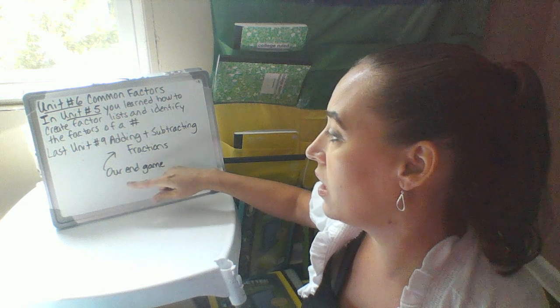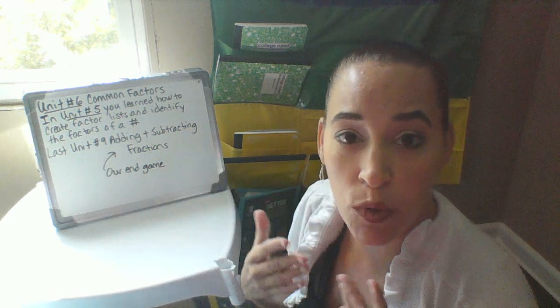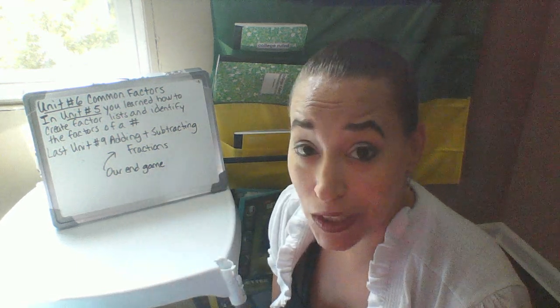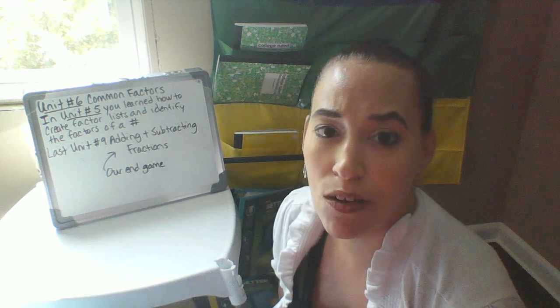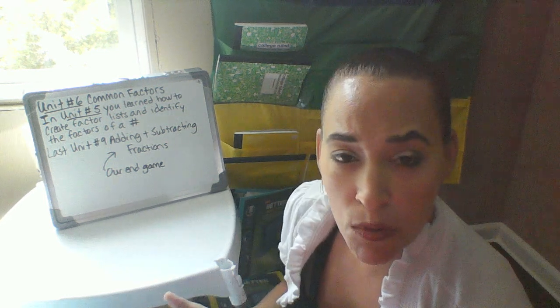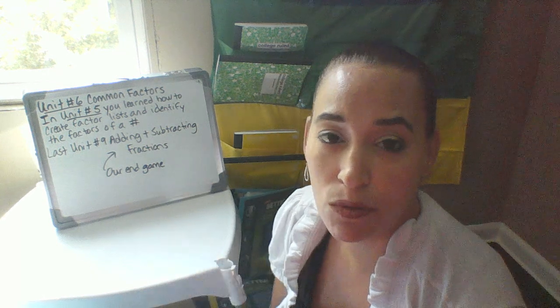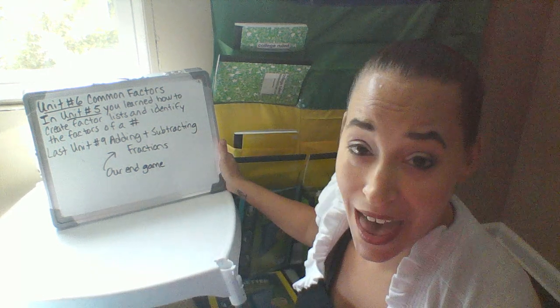So that is our end goal and game. That's what we are working towards this school year. So I just want to give you an idea of why we're doing what we're doing and where we're trying to get to.